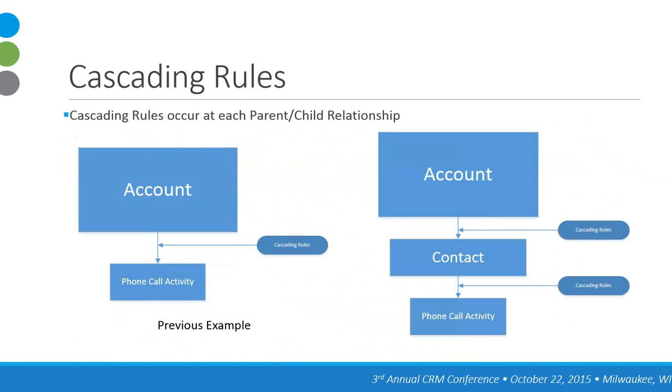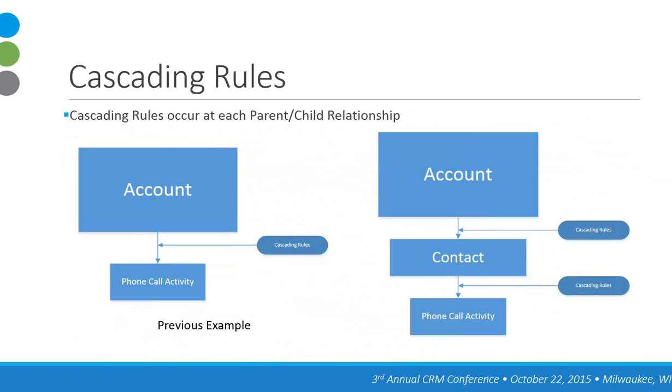Now, something to keep in mind with these cascading rules, as they can become a little complex, is that they are between every relationship. So the one we looked at was the account to just phone call activities related directly to that account. However, you can have the parental to child account to contact relationship with cascading rules, and then also the cascading rules from the contact to the phone call activity.